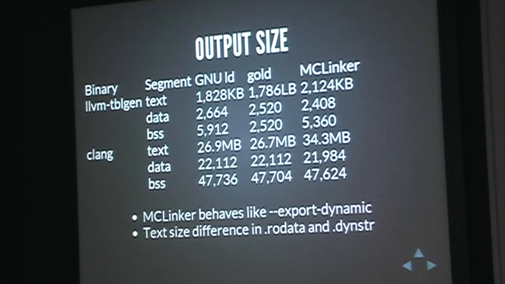MCLinker currently does not eliminate redundant string storage. So if you have two identical strings in anonymous memory locations, both GNU-LD and Gold will store only one copy in the final executable. MCLinker doesn't do that yet. I think that's most of the rest. If you look at the actual code size, MCLinker is actually better than both GNU-LD and Gold.